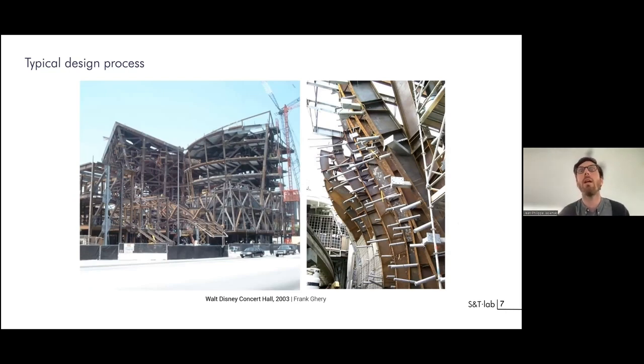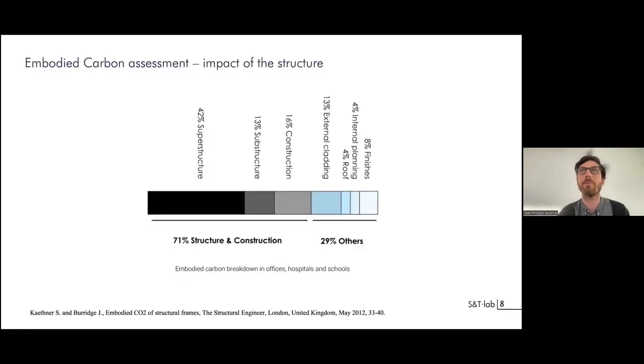Is it really such a strong project if you need so much material for it? You obviously all know that we live in a context in which resources are at stake. We would like to decarbonize the world and the industry.